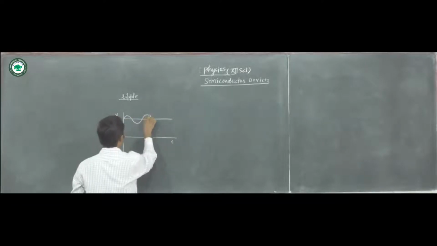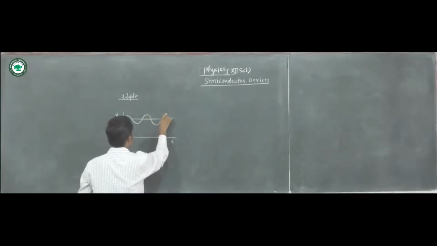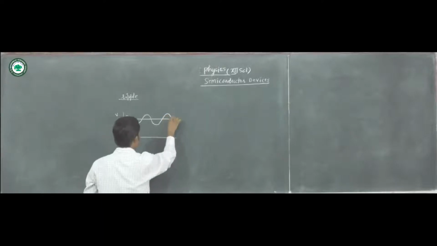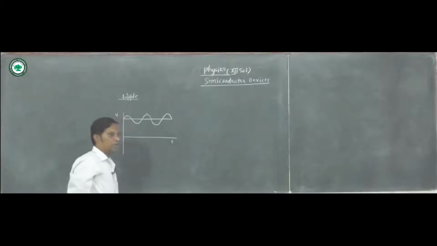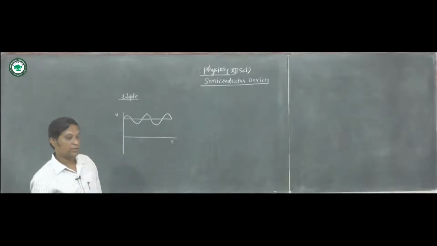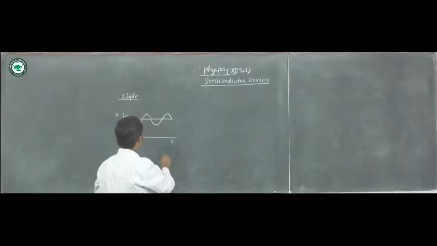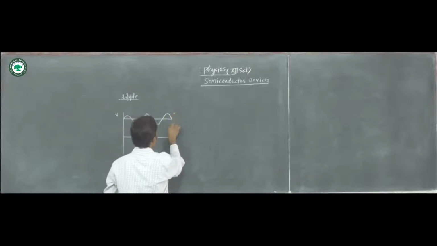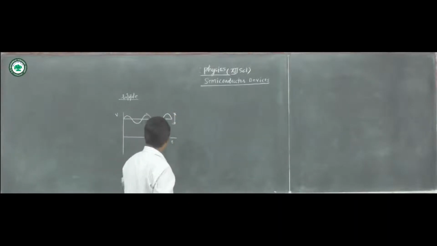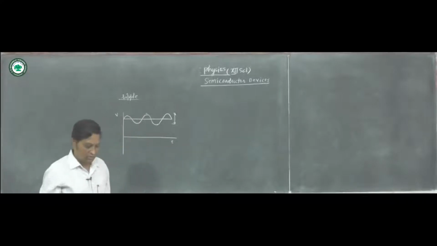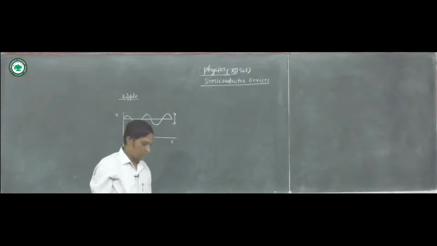We get the output of the full wave rectifier in this way. In that DC output there are some fluctuations. These fluctuations are called the ripple.